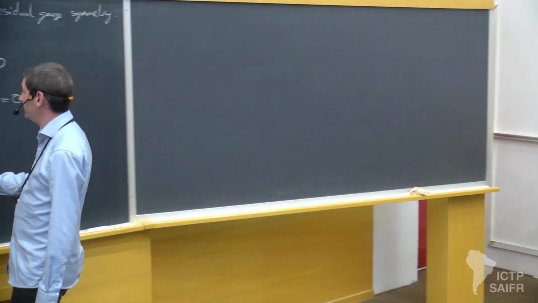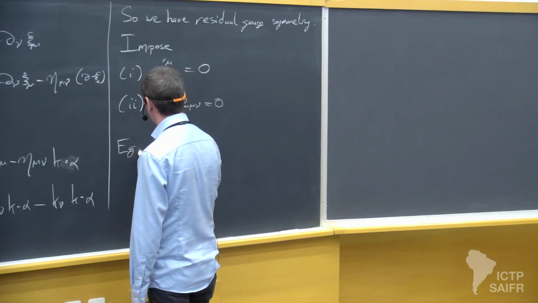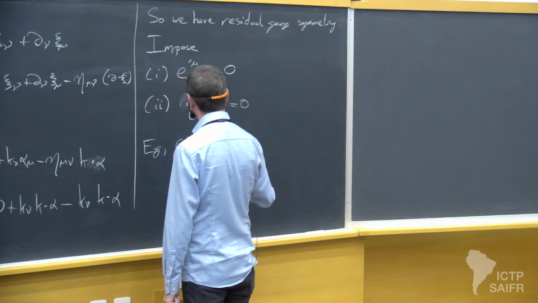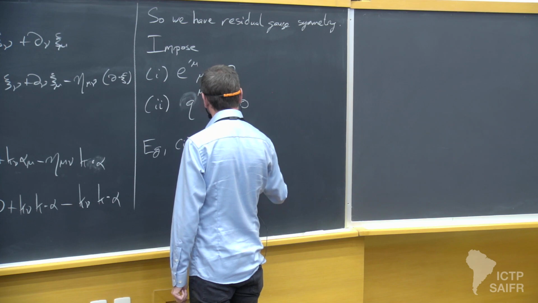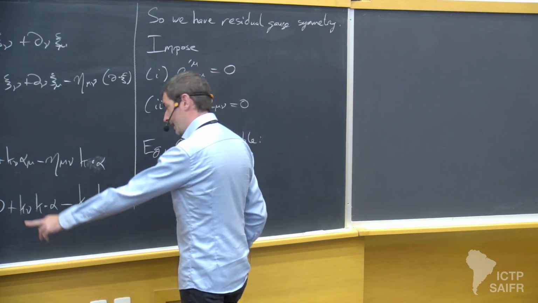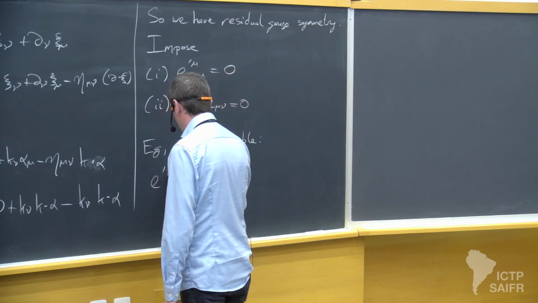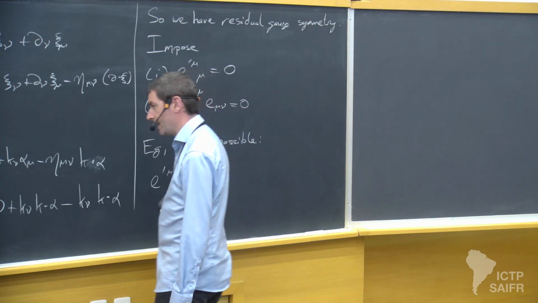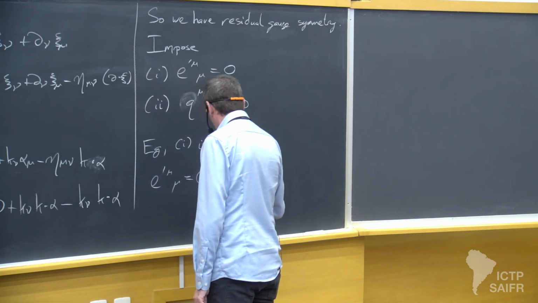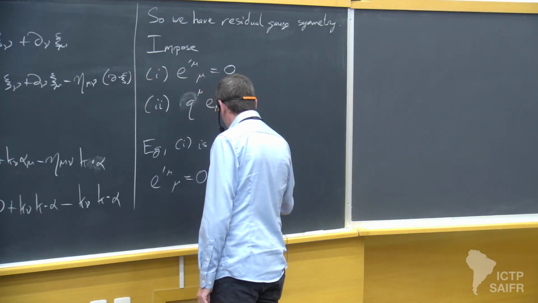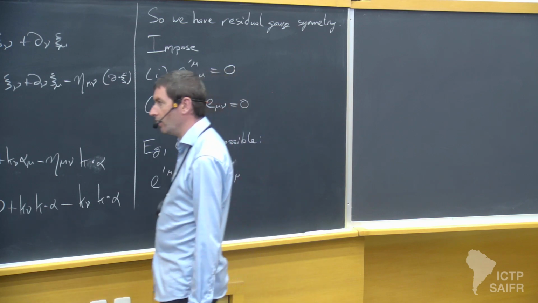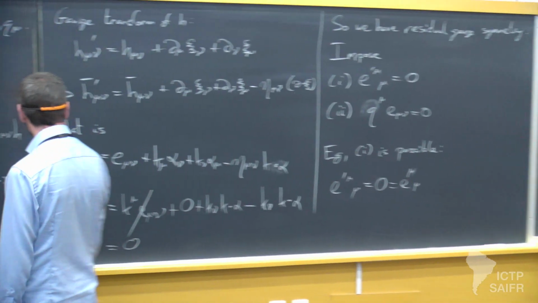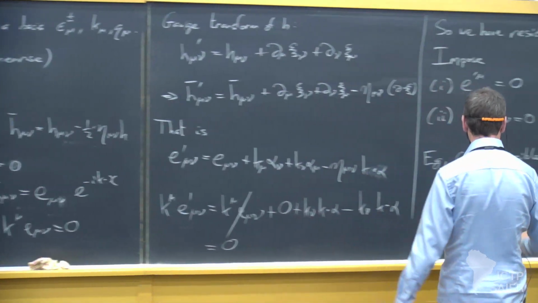So for example, one is possible. So E prime mu mu, I want it to be 0. It will be equal to the trace of whatever the original E was, plus these things here.